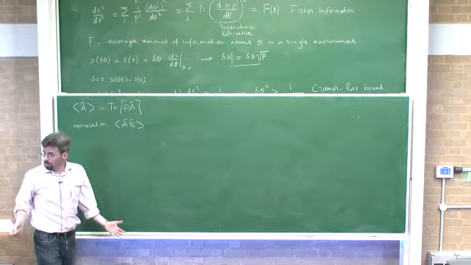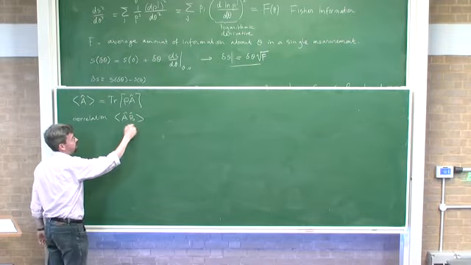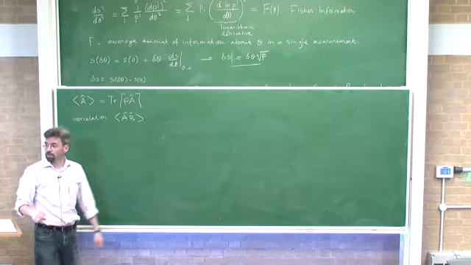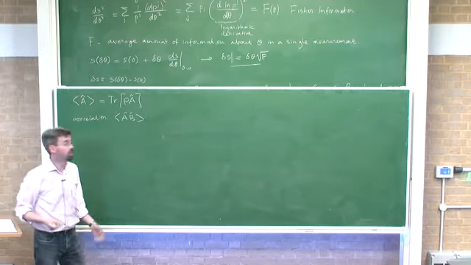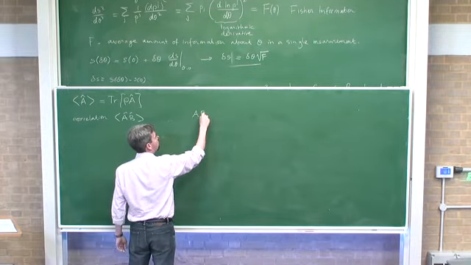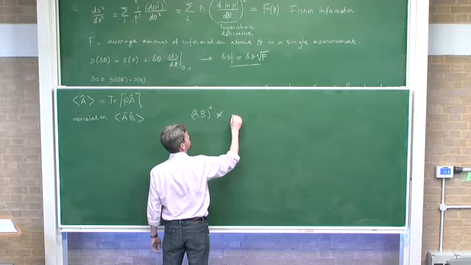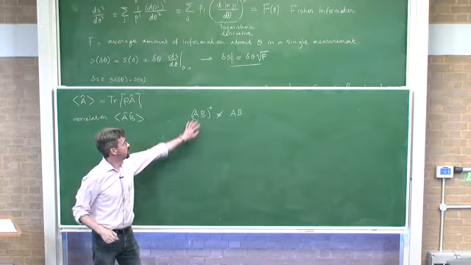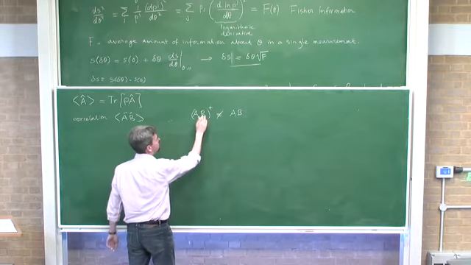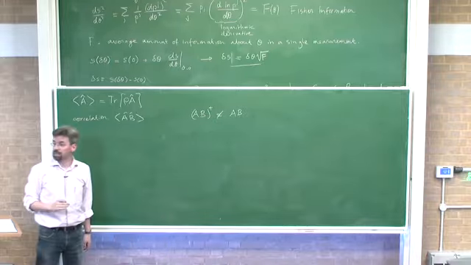Now the problem arises because A and B are self-adjoint operators, but the product of A and B may not be self-adjoint. So it may not be equal to AB, because when you go through this, you get B dagger, A dagger, BA, but BA is not necessarily the same as AB.